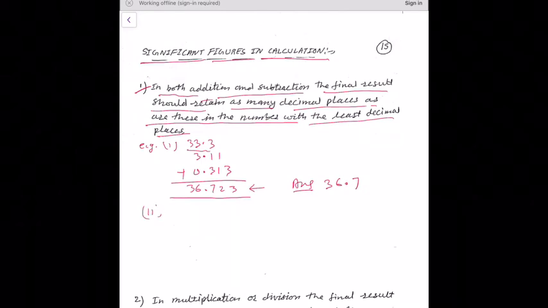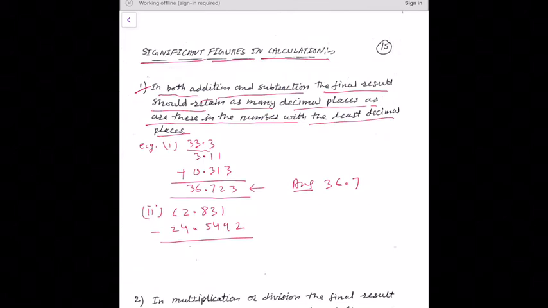Next, second, subtraction of numbers. 62.831 minus 24.5492. After subtraction we will get 38.2818.